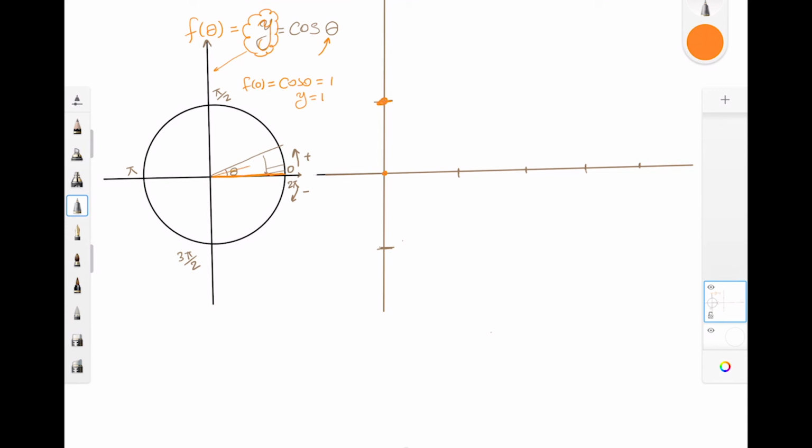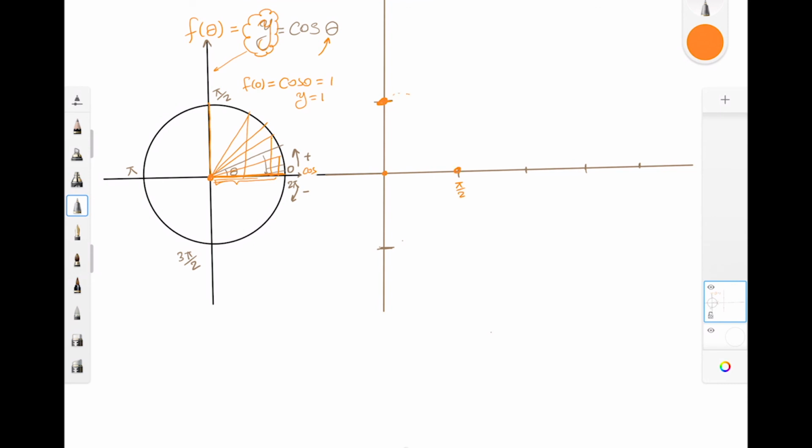As theta gets larger, the value of cosine, which is this, gets smaller, and we know the x value here represents cosine. So at 90 degrees, the value of cosine becomes 0. If this is pi half, it will hit 0.